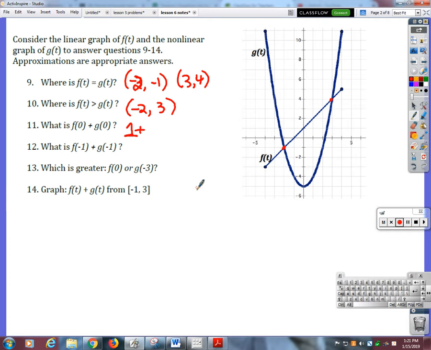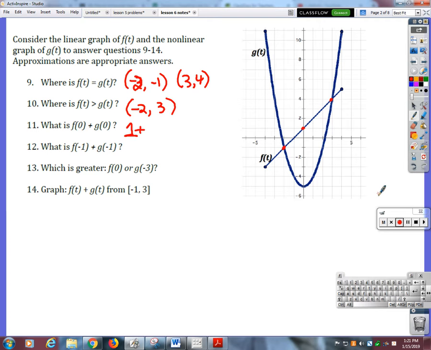What is g of 0? Because if I go to 0 on the x-axis and then I go up to the graph, I hit the graph at y equals 1.